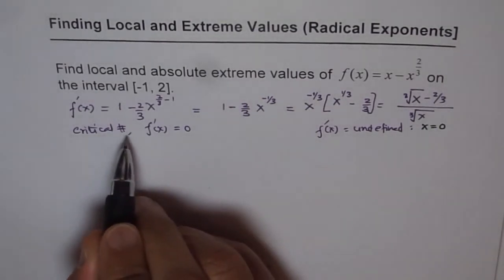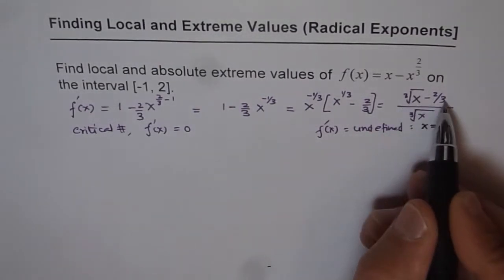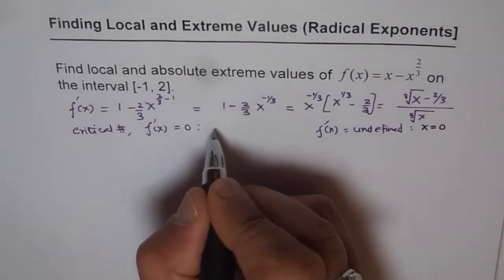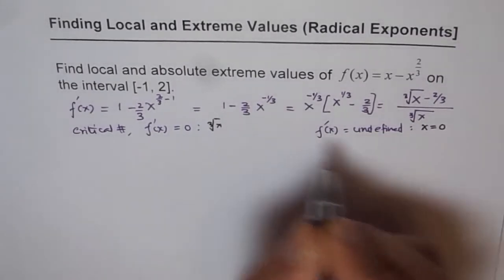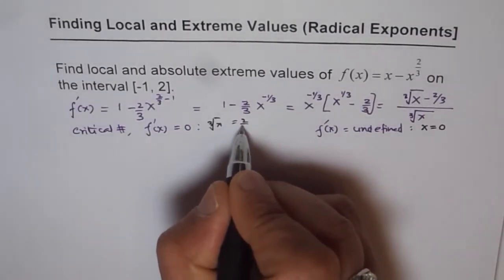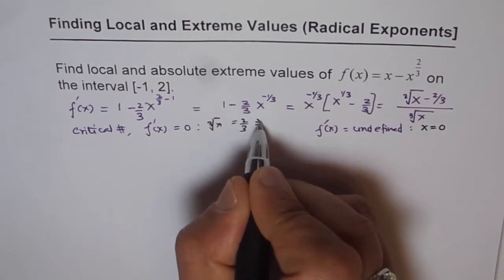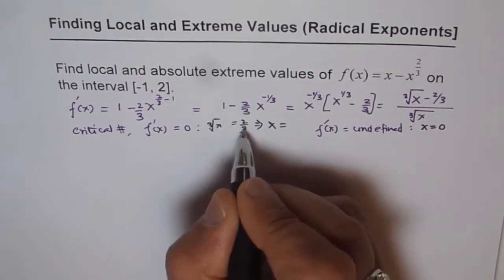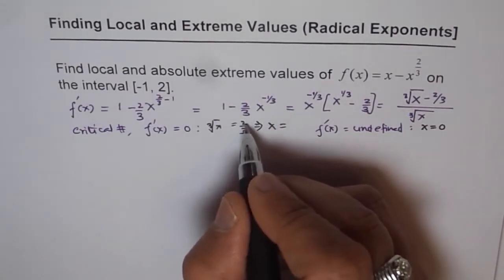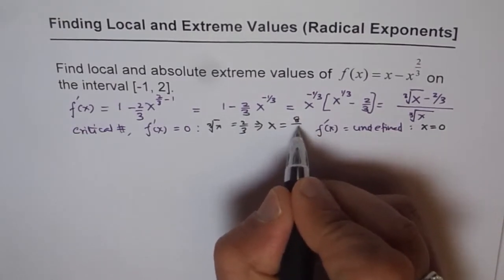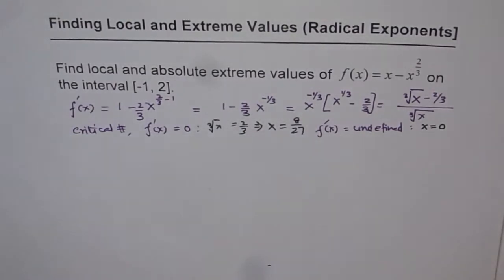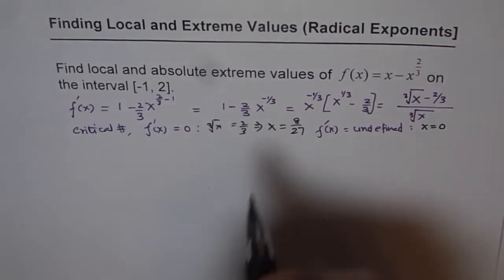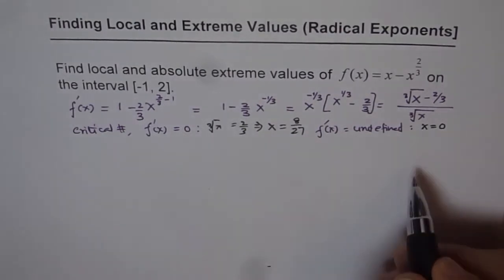And for f dash x to be 0, the numerator should be 0. That means the cube root of x should be equal to 2 over 3, and that gives us the value of x as the cube of this, so 2 cubed over 3 cubed, which is 8 over 27. So we get our critical numbers, which are 8 over 27 and 0.